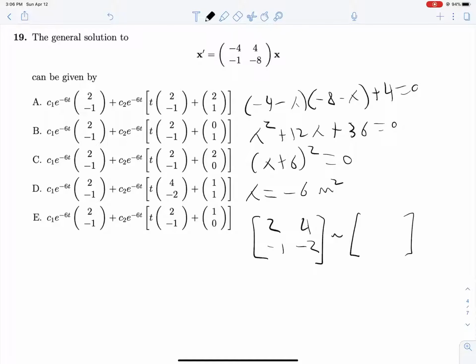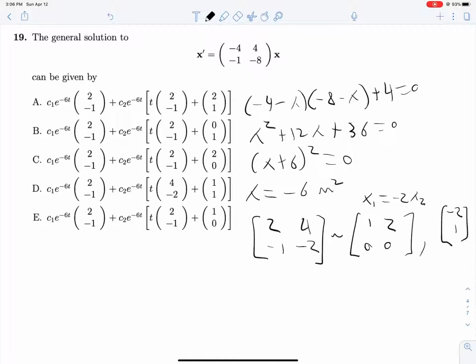Never does, actually, in exams. So we can simplify this down to 1, 2, 0, 0. x1 is equal to negative 2 x2. So we get an eigenvector of negative 2 and 1. Negative 2, yep, negative 2, 1. That looks good.